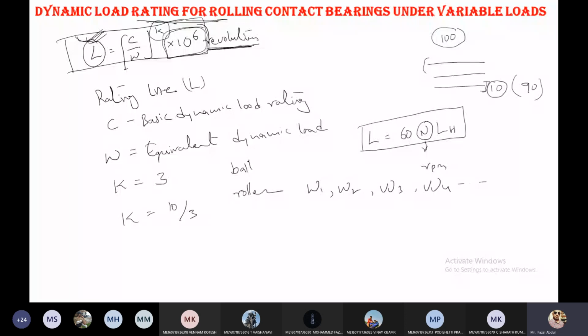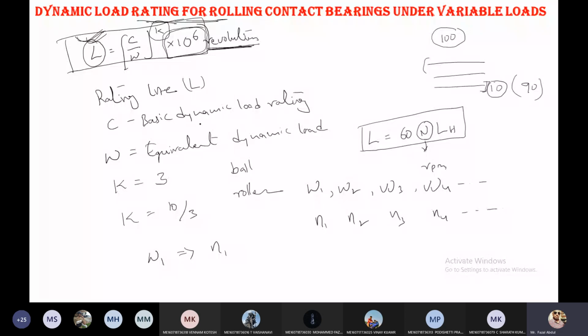The bearing runs for N1 revolutions under the first type of load W1, N2 revolutions under W2, N3 revolutions under W3, and N4 revolutions under W4. Now consider the bearing working under the load W1, for which the respective number of revolutions is N1.